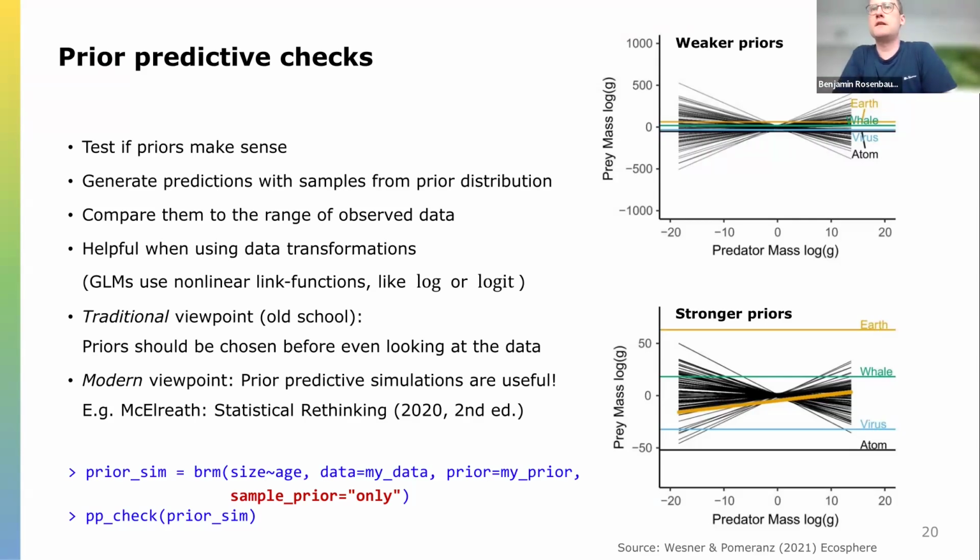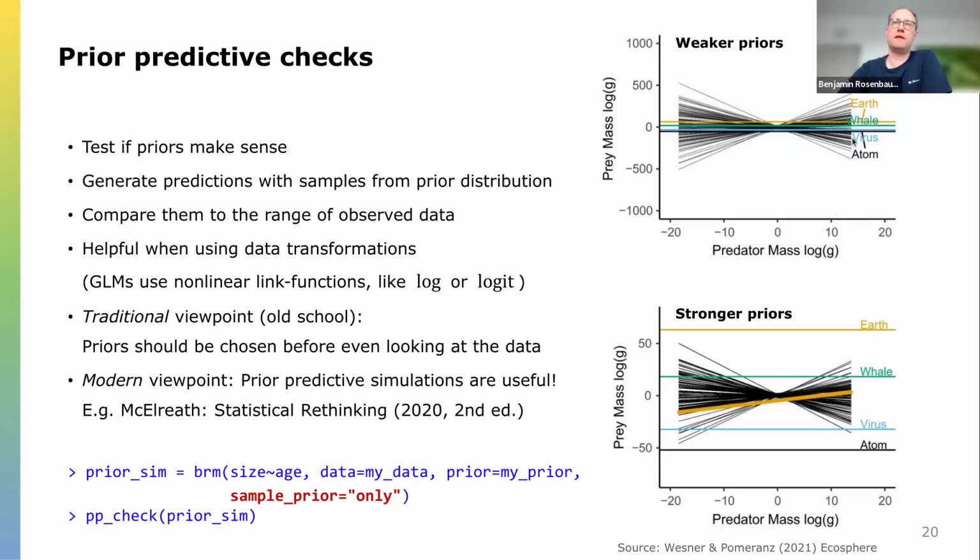No, I think it's 10. Standard deviation of 10 and a zero mean for your slope, and you simulate data from your prior, you get these insane results that body size relationships are predicted for large animals eating something which is larger than the Earth. So this doesn't make any sense at all.